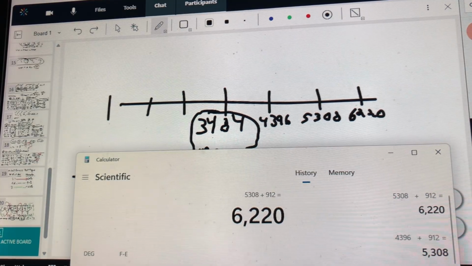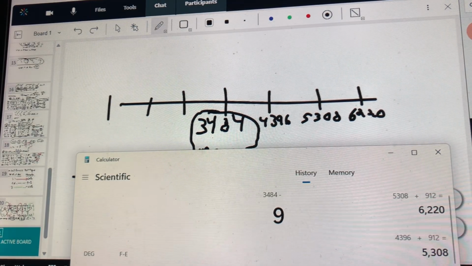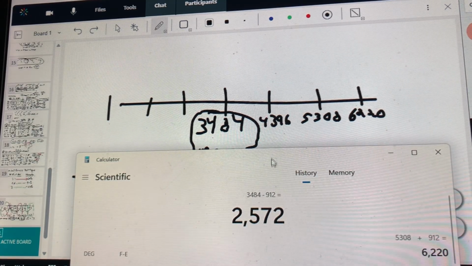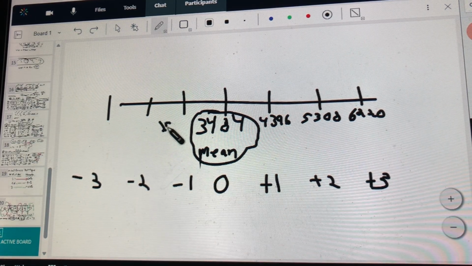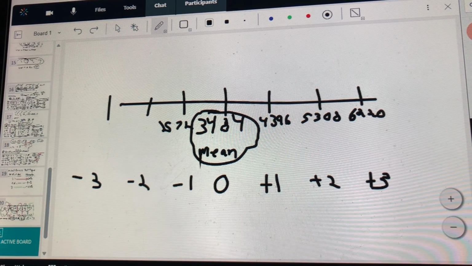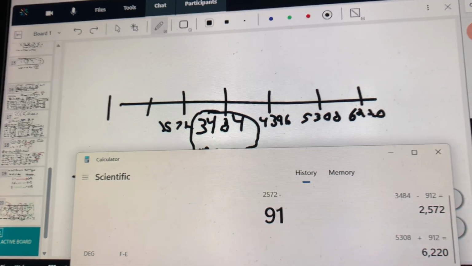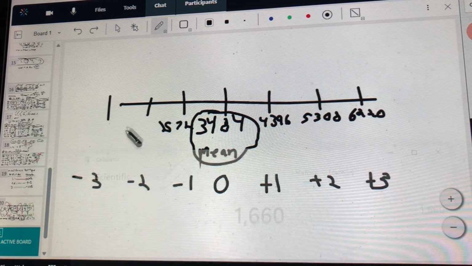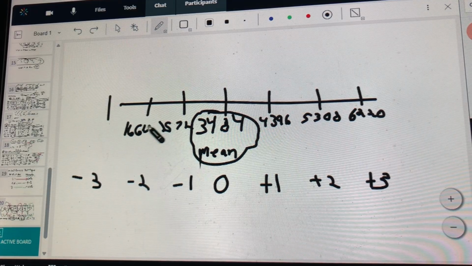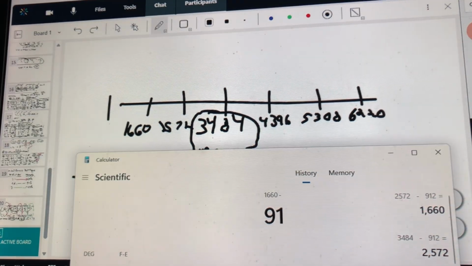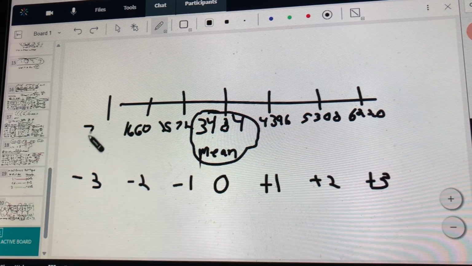Now go back to the mean, 34.84, and now subtract 9.12 3 times. 25.72. Minus 9.12 is 16.60. And minus 9.12 is 7.48.